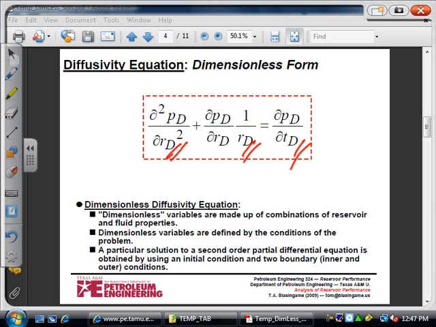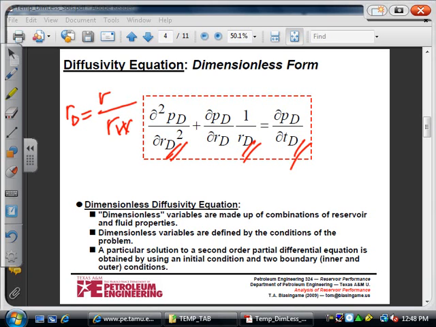We have R in the equation. And RD must be something that is related to R, and we should select a characteristic value, like RW. So this is by intuition, okay?